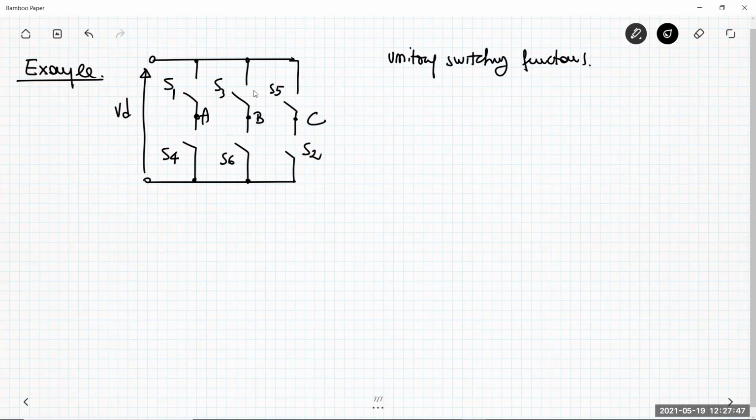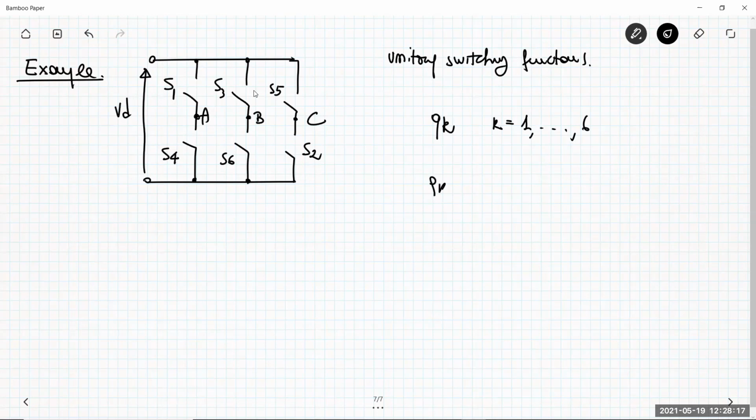For example, when the unitary switching function is 1, it means that the switch to which this function is applied is on, closed. When it is 0, it means that the switch is open, off. So let me say that Qk is a specific unitary switching function in which k can be from 1 to 6, because now we have 6 switches.